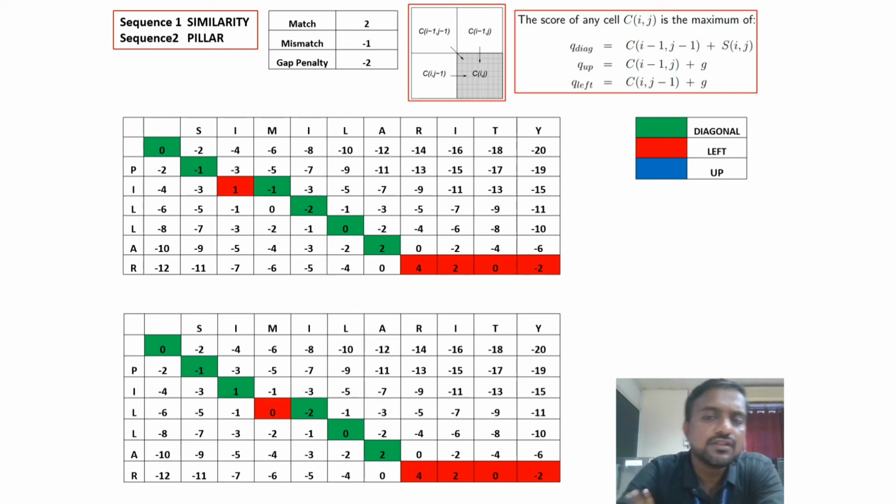Please recall, at the very beginning of this session, I had said we will get more than one alignment. And that is the beauty of dynamic programming. It will not stop with only one alignment. It tries to ensure that all the possible approaches have been utilized so that the final alignment that we get is the optimal one.